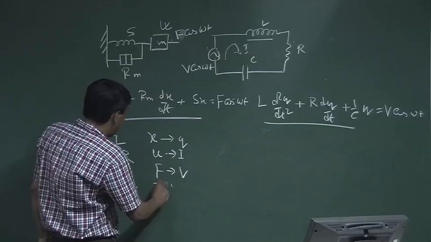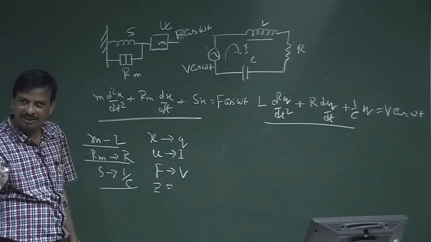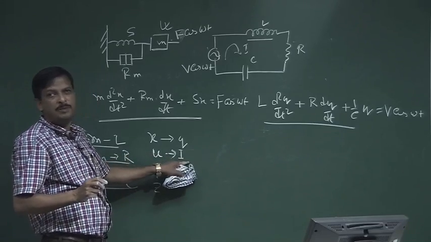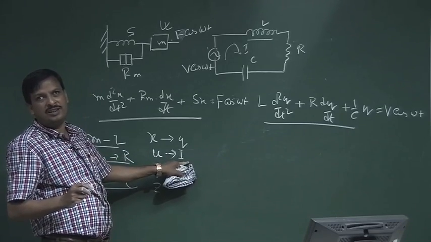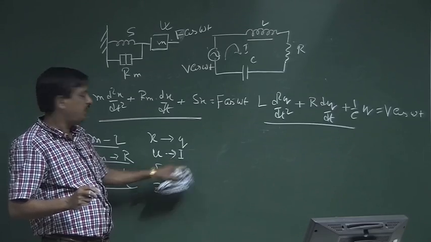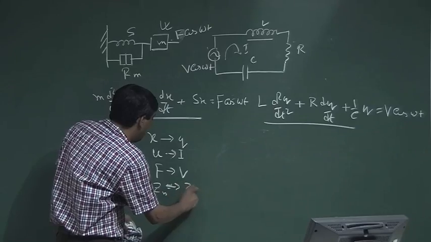Similarly, mechanical impedance Z is force by velocity, F by u. In the electrical case, impedance is voltage by current, V by I. So mechanical impedance is equivalent to electrical impedance.